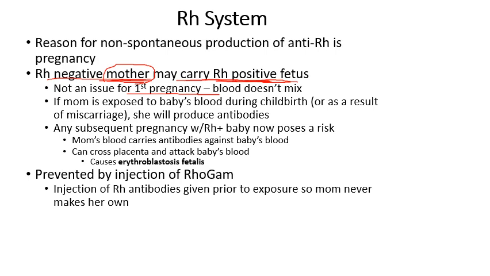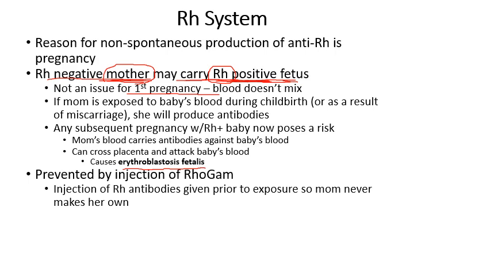Okay, they can cross over and get into baby's blood because they are small proteins. What if those antibodies get across to baby's blood? Those antibodies are going to bind to the Rh positive blood cells of the fetus. Okay, so with the first baby it's not a problem, but subsequent ones can get what's called erythroblastosis fetalis. Okay, that could pose a major risk to that baby.